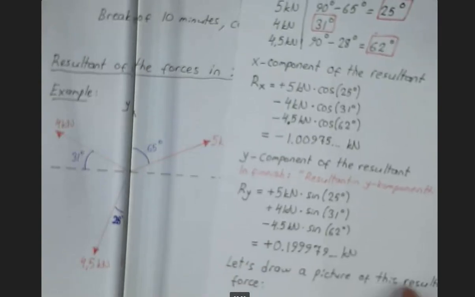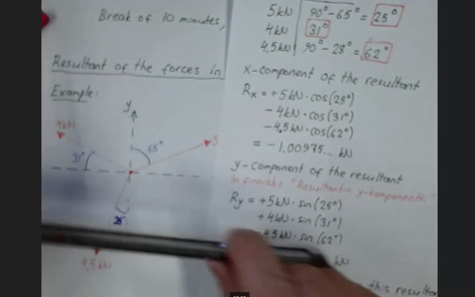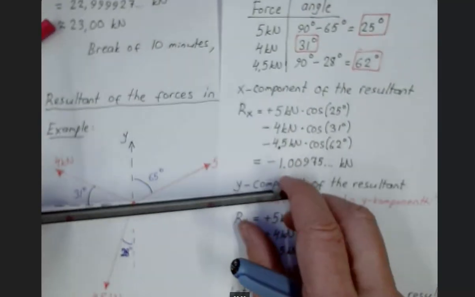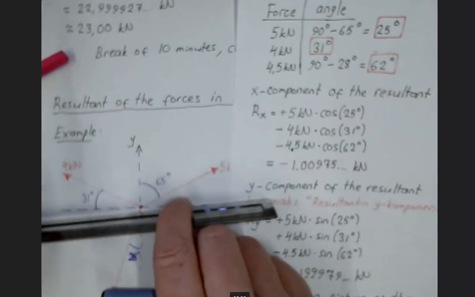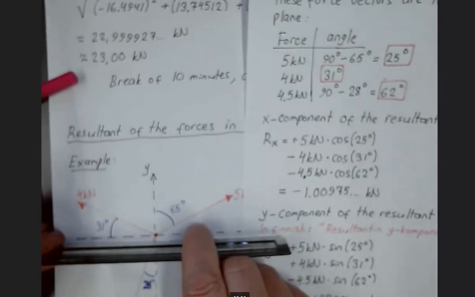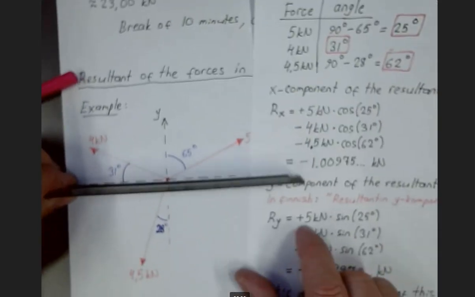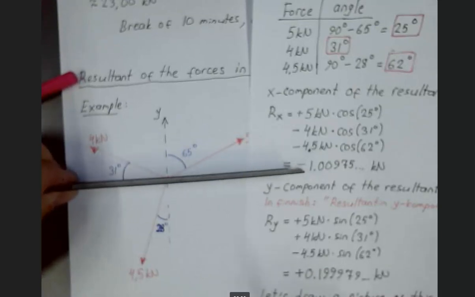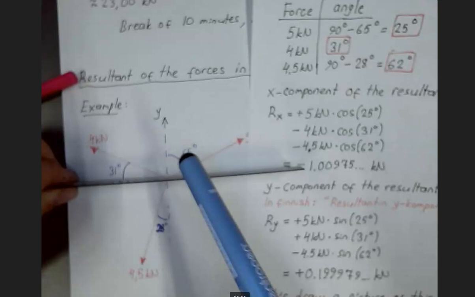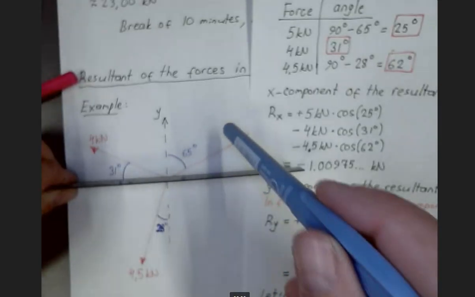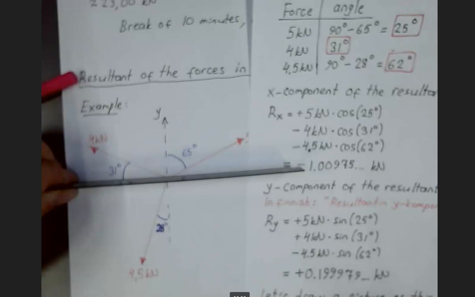And the y component with the same method, but we take the horizontal plane there, and now we are comparing it to this horizontal plane, and these two forces are pointing upwards, and that's why those forces will get plus sign, and this is the only one which points downwards from the horizontal plane, and that's why it gets minus sign.